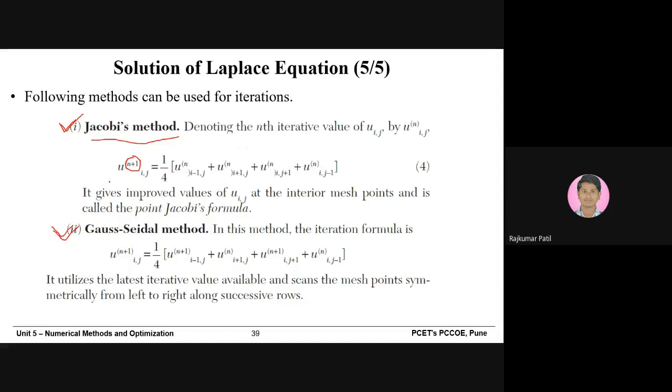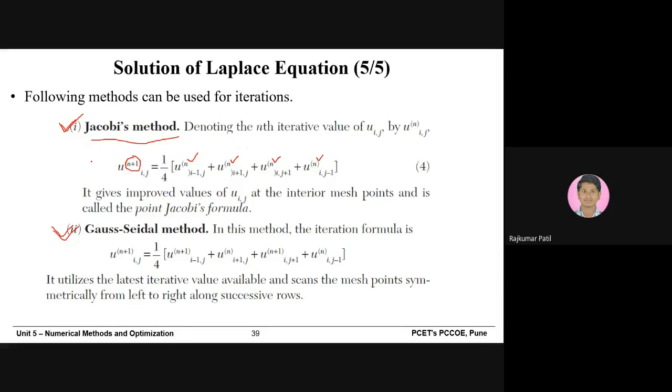In case of the Jacobi method, you can see u_ij raised to n plus 1 is equal to u_(i minus 1)j raised to n, u_(i plus 1)j raised to n, u_i(j plus 1) raised to n, and u_i(j minus 1) raised to n.